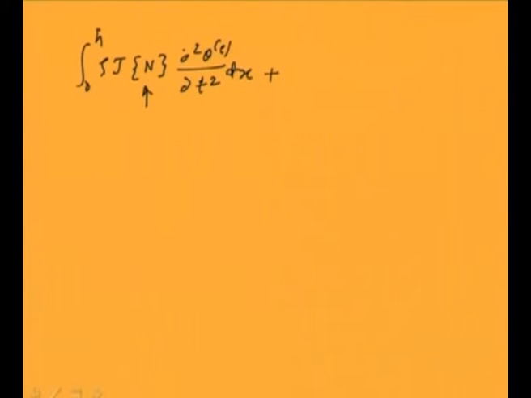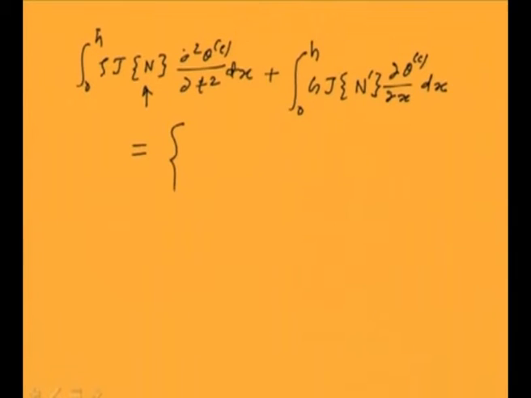Then the second term, here we are writing N prime to represent the derivative with respect to x, and this, and the other terms which are not integral terms we are keeping on the right hand side.